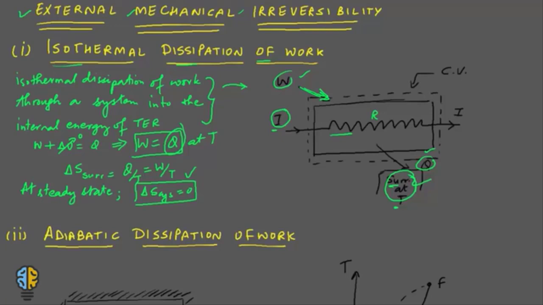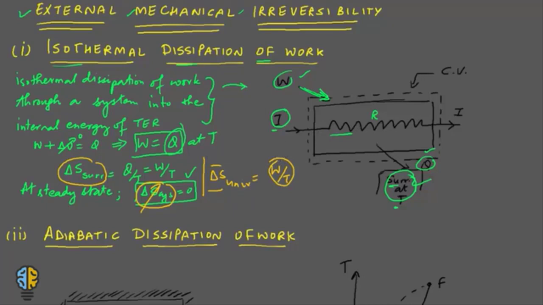So delta S of the universe is equal to delta S of the system plus delta S of the surroundings. Because the system term is 0, this becomes equal to W upon T. So the irreversible process in this case is accompanied by an entropy increase of the universe, and the value is W upon T.